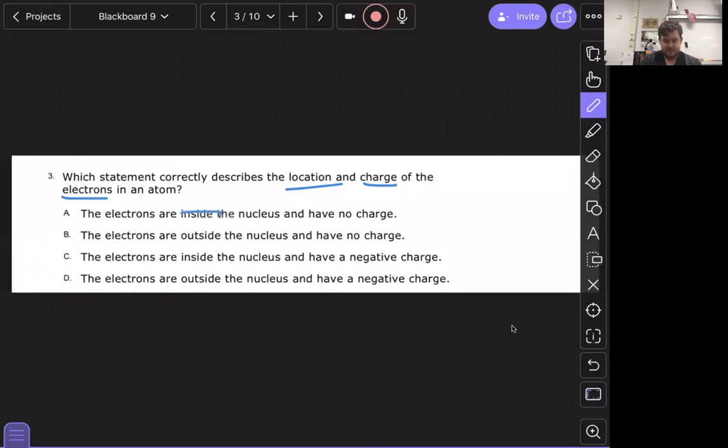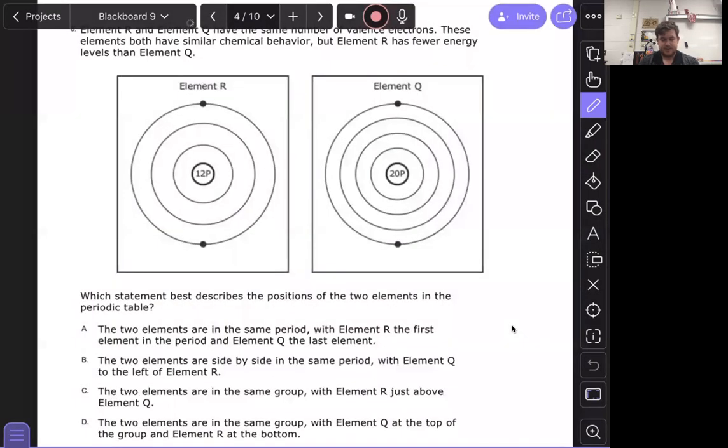Well, I know that's wrong. The electrons are outside. Okay, that's right, but they do have a charge. The electrons are inside. Well, the negative charge is correct. And the electrons are outside the nucleus and have a negative charge. That is also correct. So my answer is D.